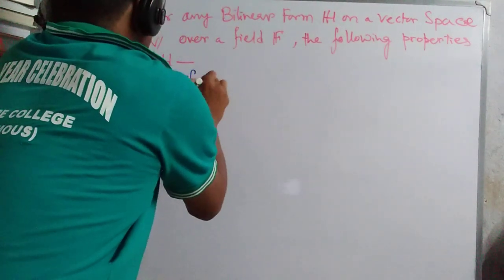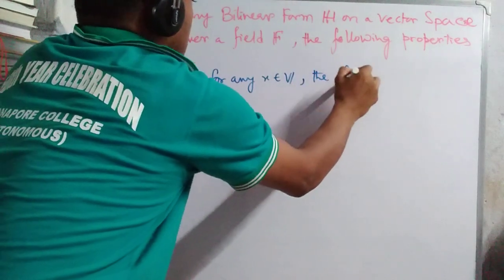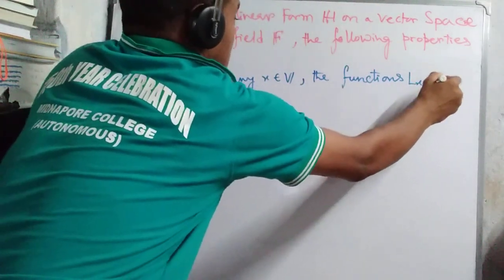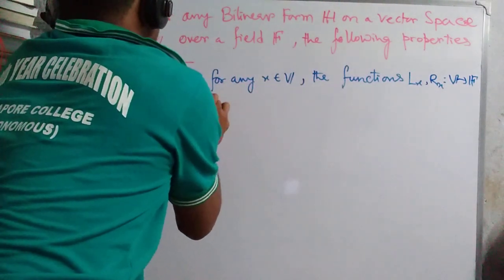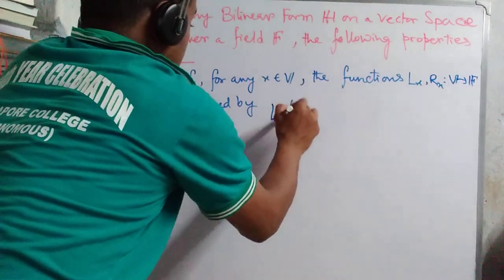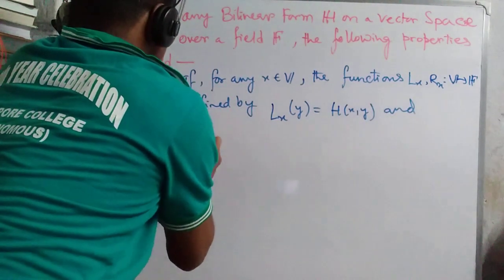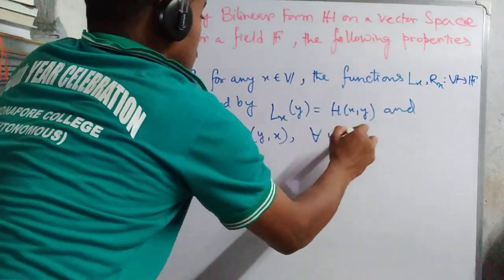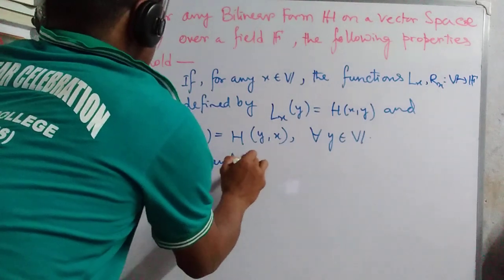If for any x belongs to V, the functions Lx and Rx from V to F are defined by Lx(y) equal to h(x, y) and Rx(y) equal to h(y, x) for all y belongs to V, then Lx and Rx are linear.